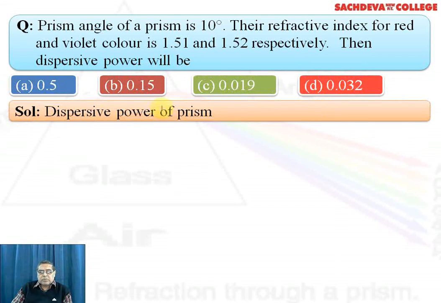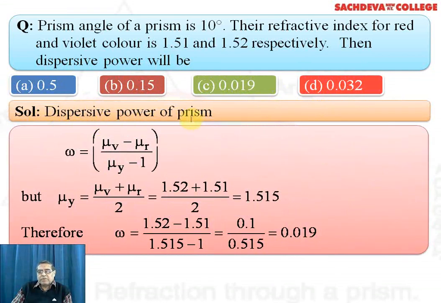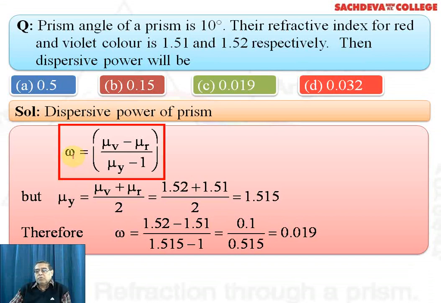To solve this question, we have to use the formula for the dispersive power of the prism. The dispersive power of the prism in terms of 2 colors is mu V minus mu R divided by mu Y minus 1, where mu V stands for the refractive index of violet, mu R for red, and mu Y for yellow.